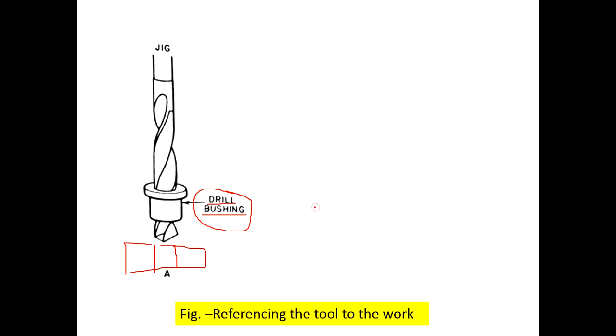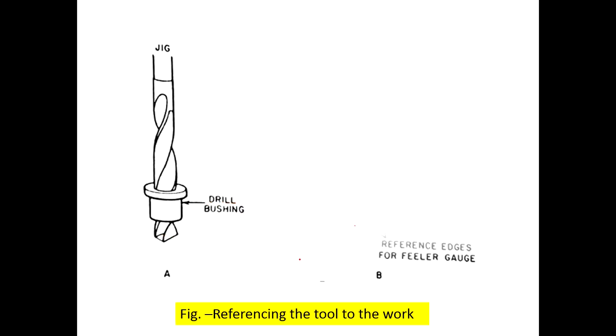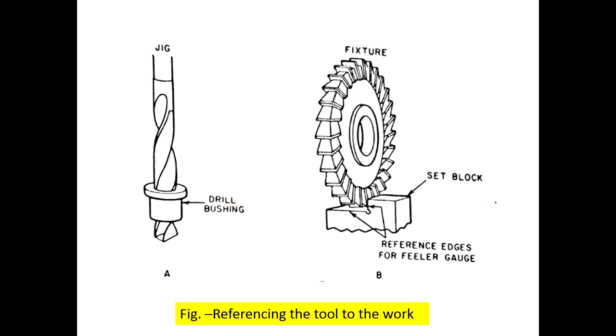Then we have the fixture. In the case of a milling operation we are using a setting block. This setting block is nothing but a reference block. At the start of milling we have to take the first cut on the workpiece, so the position for taking the first cut is very difficult for the operator to adjust.